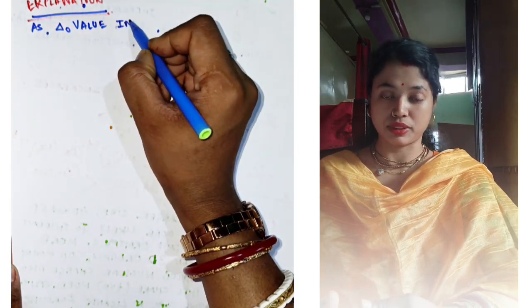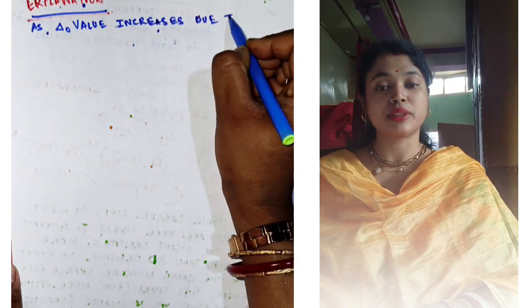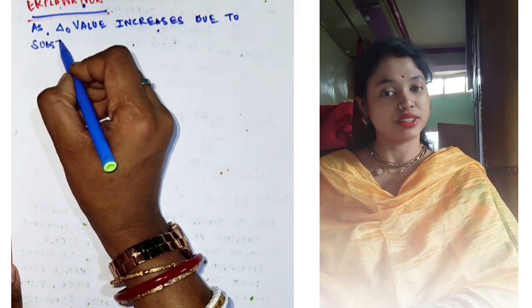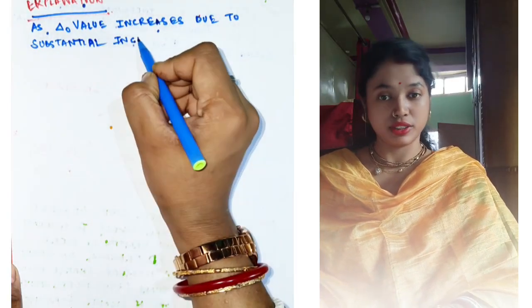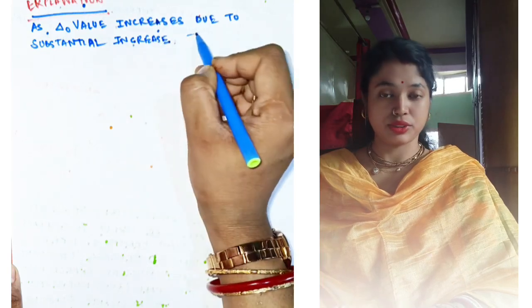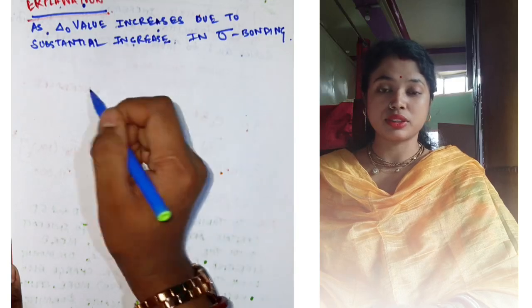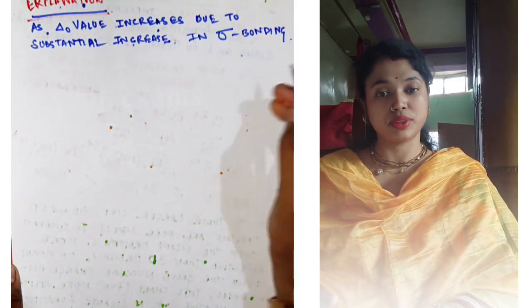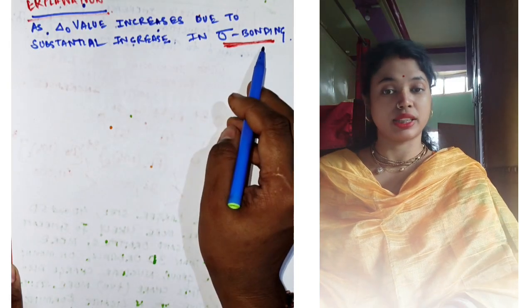it is due to a substantial increase in sigma bonding. Sigma bonding. Here the word came to be sigma bonding. Why? See, when the oxidation state increases, sigma bonding also increases.